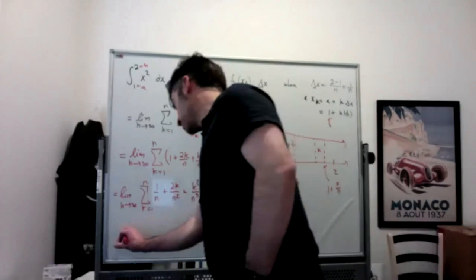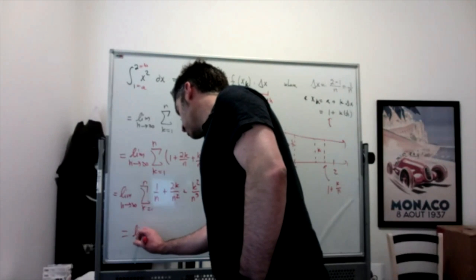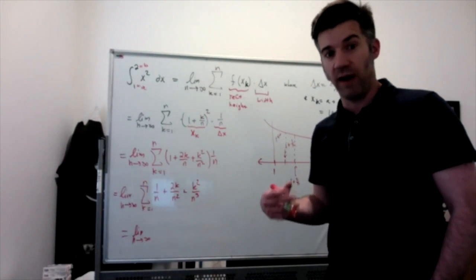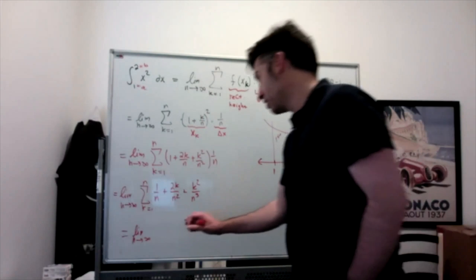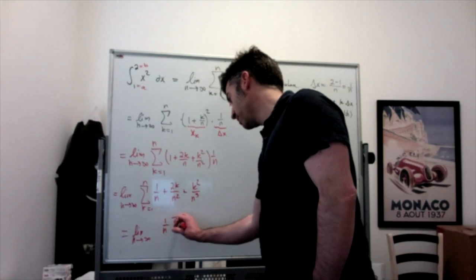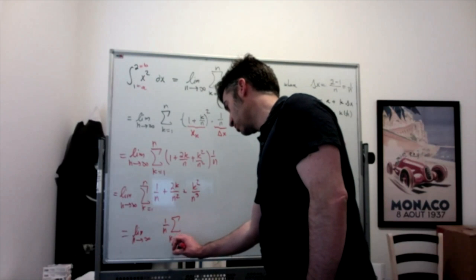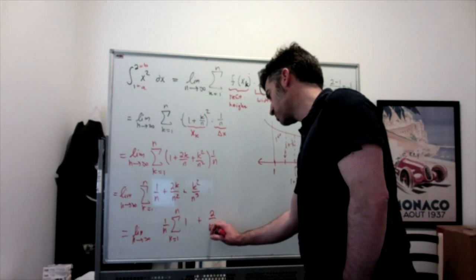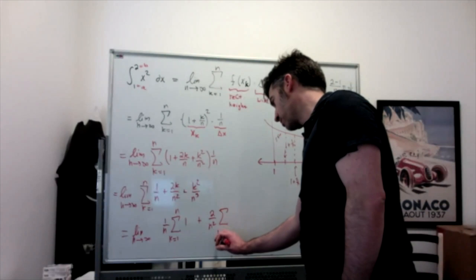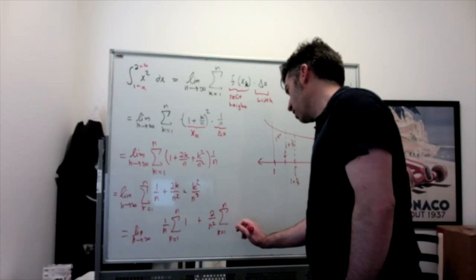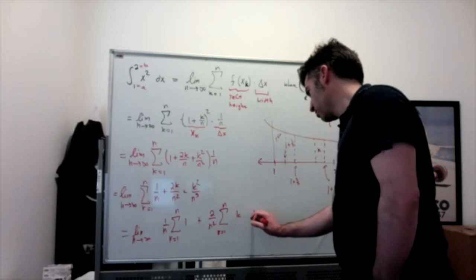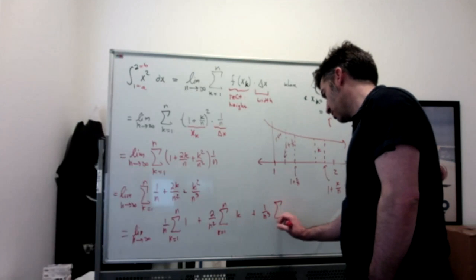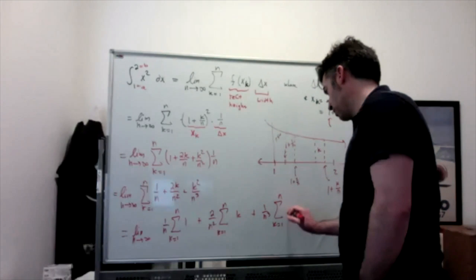So then we're going to break this apart. We're going to write this as the limit as n goes to infinity. I'm going to break this into 3 separate sums, and I'm going to factor out all the constants that aren't k. So I'm going to write this as 1 over n times the sum from k equals 1 to n of 1 plus 2 over n squared times the sum from k equals 1 to n of k plus 1 over n cubed times the sum from k equals 1 to n of k squared.